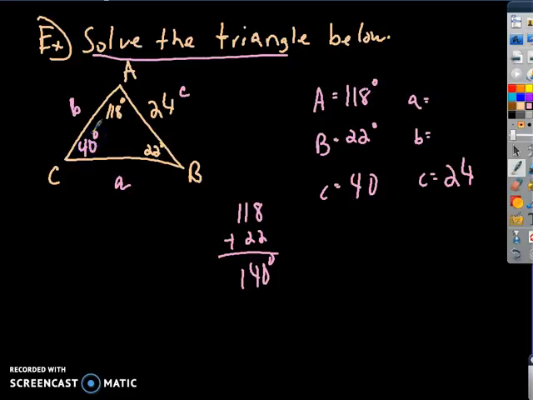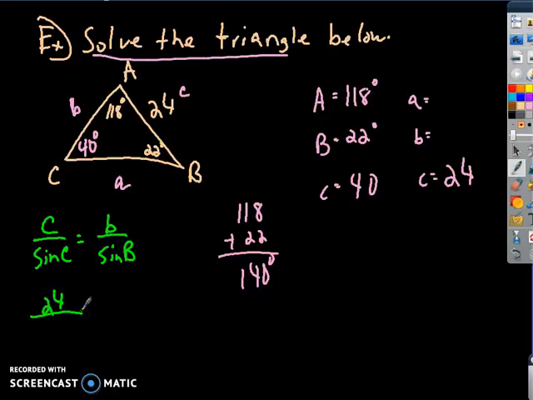Now that I know that's 40 degrees, I have a side and an angle, so I can start there. I would start by writing up the equation. I would use c over sine of C and set that equal to b over sine of capital B. So the ratio for that, lowercase c is 24.